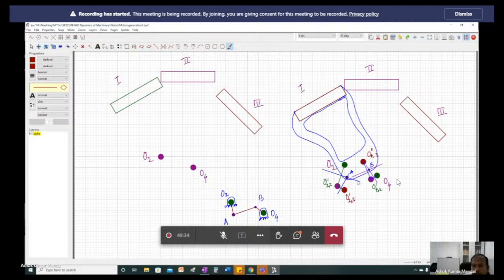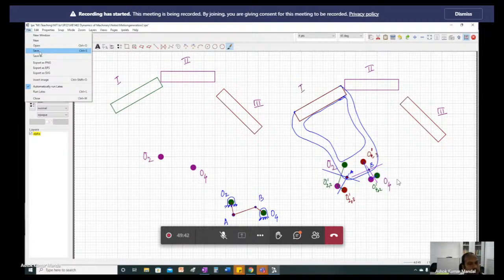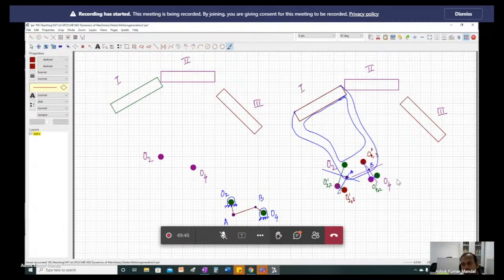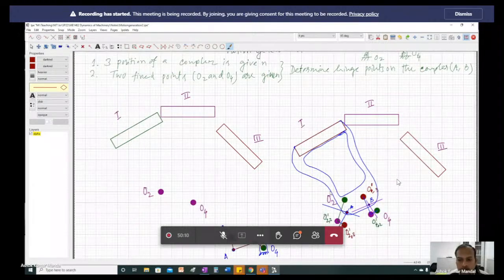They will intersect somewhere, and you will get A and B. I am not writing the steps, so I hope you can write the steps on your own, for your own workout. The next problem which we are going to solve.